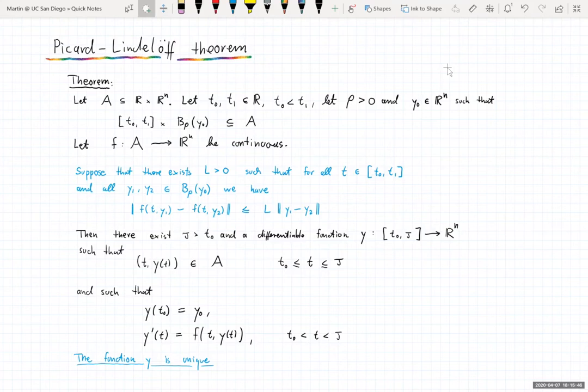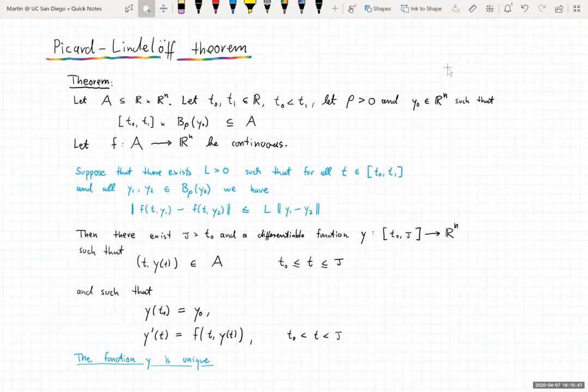And we've got a positive real number rho. And we've got a vector y0 in R to the n, with the condition that the interval from t0 to t1 times the ball around y0 with radius rho is contained in the set A. And again, we also have a function f, which is defined on the set A and maps into R to the n, which we assume to be continuous.